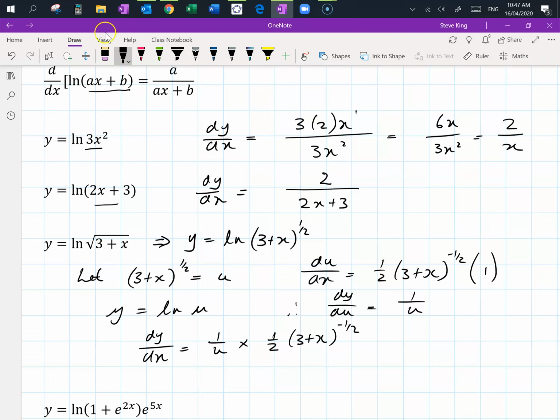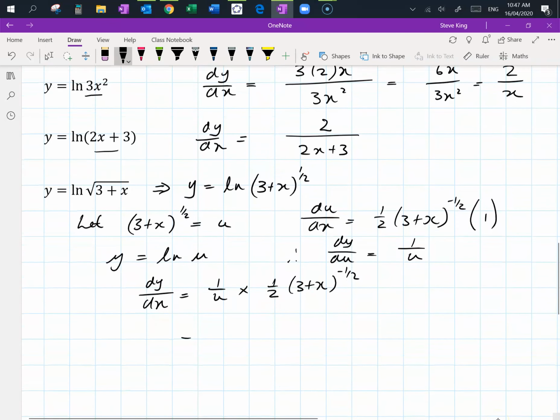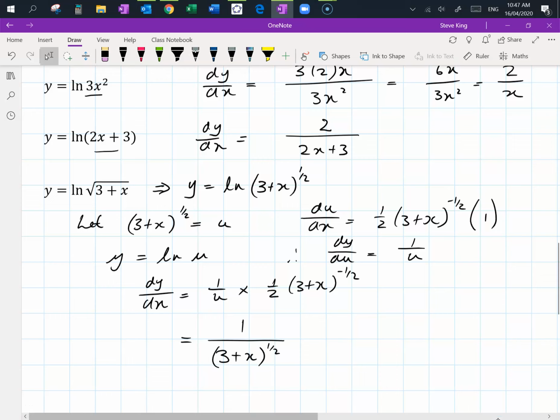Now that's a little bit messy as it stands there, so we need to expand that out a bit more. This is going to be 1 over 3 plus x to the power of a half.